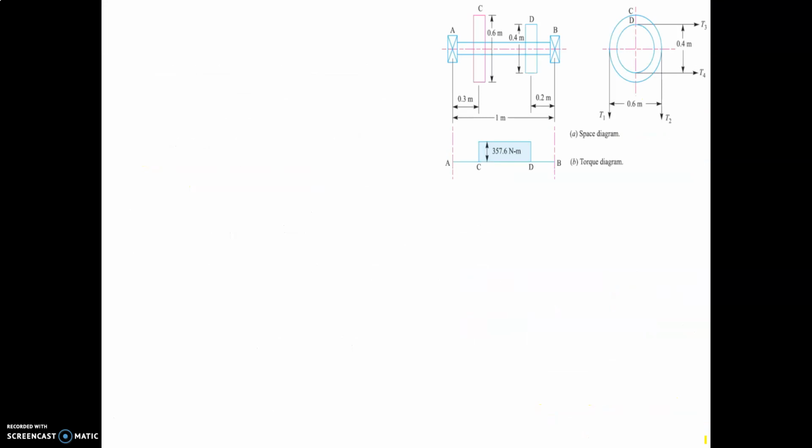Okay, so we have developed a torque diagram here. Okay, 357.6 Newton meter, which is the torque based on the pulley diameter. Now the vertical load which is acting on the shaft, and we developed a diagram also here. The vertical load which is acting on the shaft at point C is what?